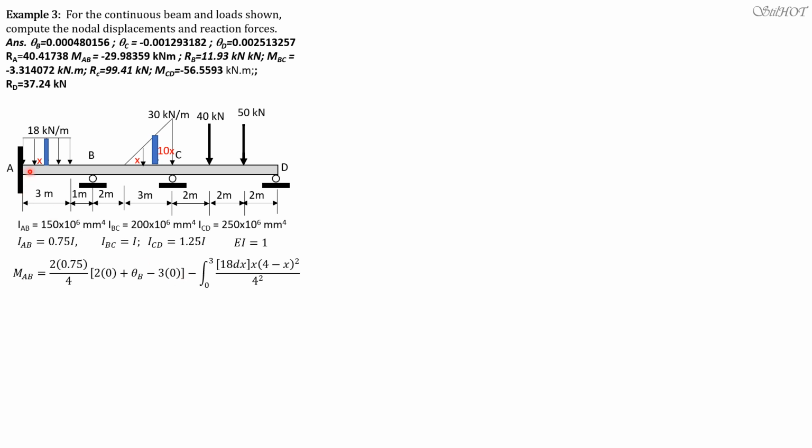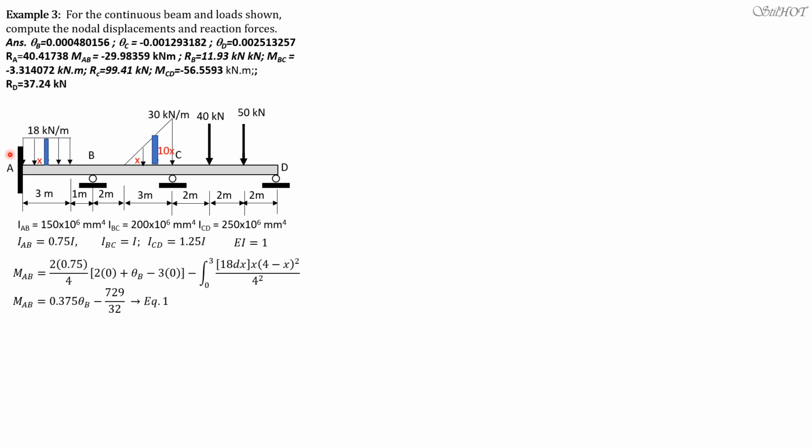Then the fixed moment at A, which is on the left side, is negative, so minus the integral from 0 to 3 of the differential force, 18 times dx, the area of the strip, times the distance of the centroid of the strip from A, which is x, times the square of the distance of the centroid of the strip from the right, which is B, so (4 minus x) squared, divided by length squared. Simplifying, moment AB equals 0.375 theta B minus 729 over 32.